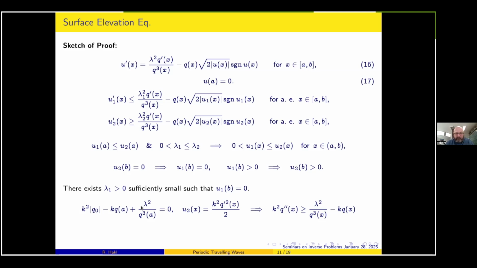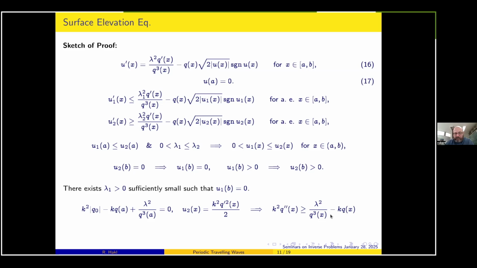And from here, q sub 0 is the minimum of the second derivative of the function q. And because q prime is positive, q is increasing in the interval AB. So from this quadratic equation, we get this inequality.